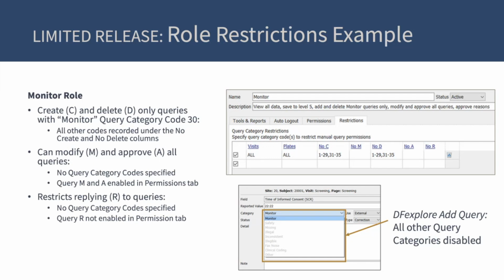In this example, we don't want them to create queries 1 through 29 or 31 through 35. So by doing that, in the picture below, you can see when they go to add a manual query, the only option available to them is monitor. Everything else is grayed out. And so this can be added for any role and based on any query category you create. And again, currently only for DFnet hosted servers. And eventually it'll be available for everyone.